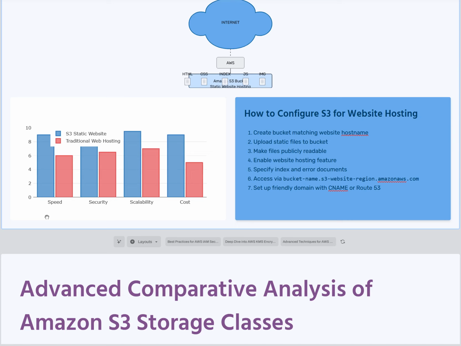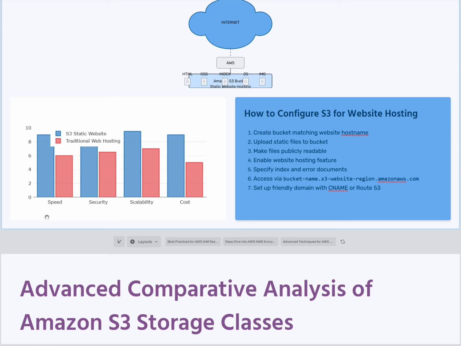And comparing with a traditional website: speed, you get better speed. Security is also better than traditional, because you can use the many security features I discussed in previous slides. Scalability is really high as well, because there's no limit, unlimited objects.